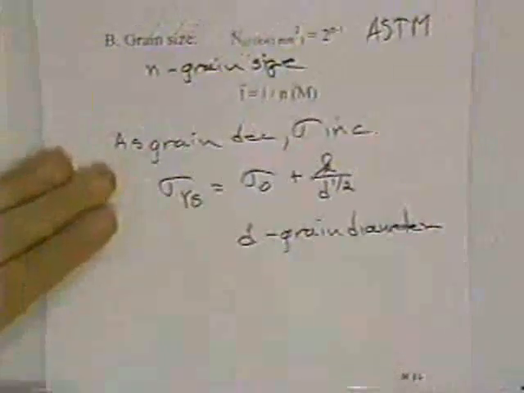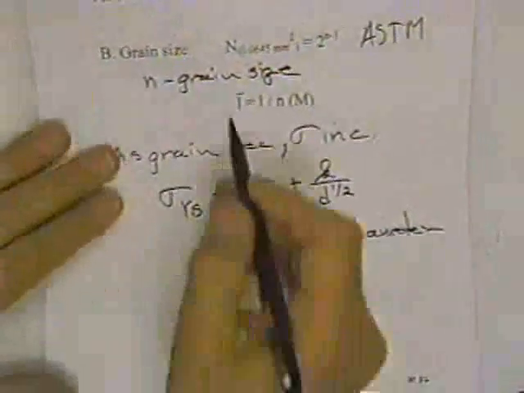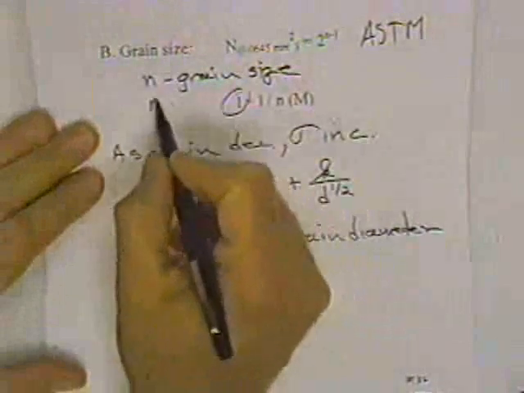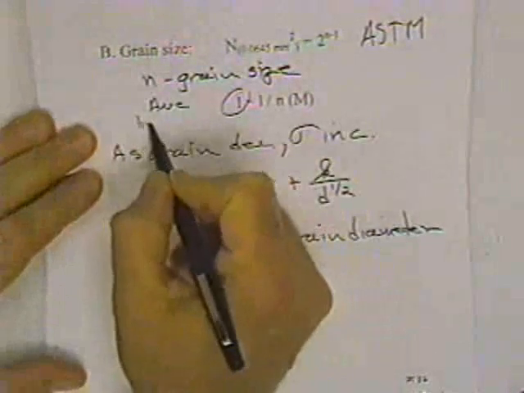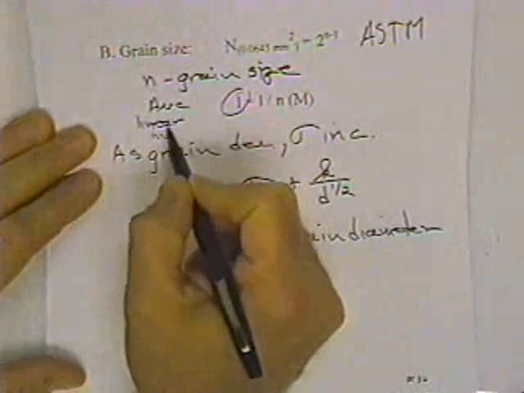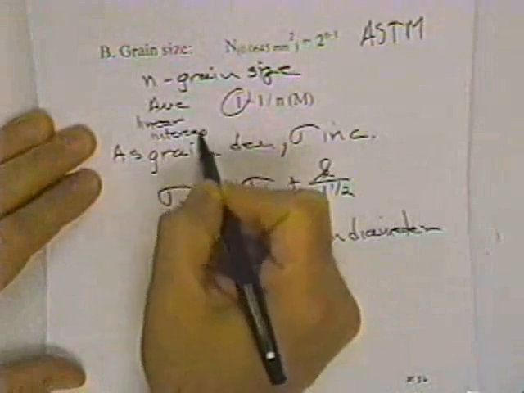There's another way of determining the grain size, and that's illustrated in the equation that I have on this sheet. L bar here is the average linear intercept.